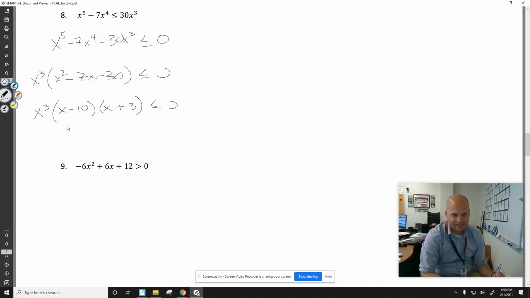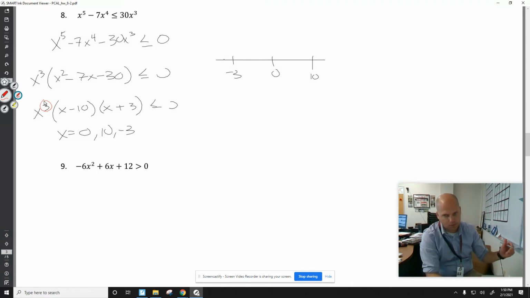Since this is x, I have a 0 solution, a 10, and a negative 3. These are my roots. Using a number line, make sure you put them in order. Negative 3, then 0, then 10. 0's got a cubic multiplicity, which means it bends through. 10 and negative 3 all have a multiplicity of 1, so it's going to pass through.